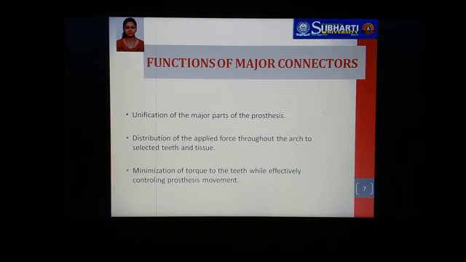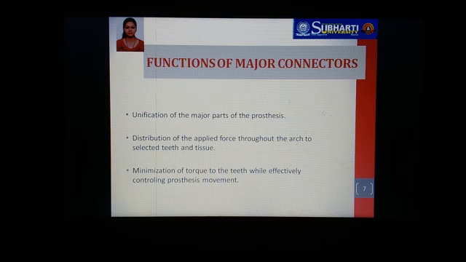So, what are the basic functions of the major connector? Since it is acting as a connector, the first function is that it is going to unify the major parts of the prosthesis. Secondly, when it unifies one side of the components to the other side, it helps in distribution, that is, dissipation of the forces.